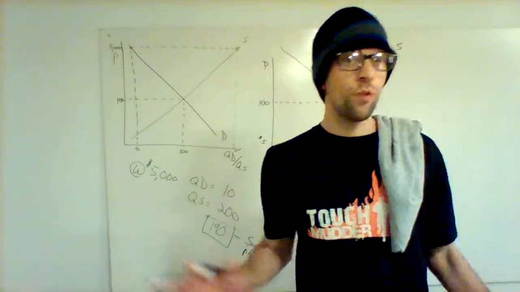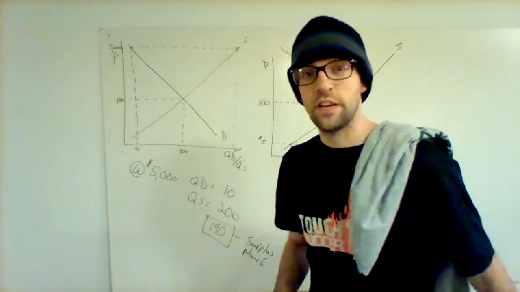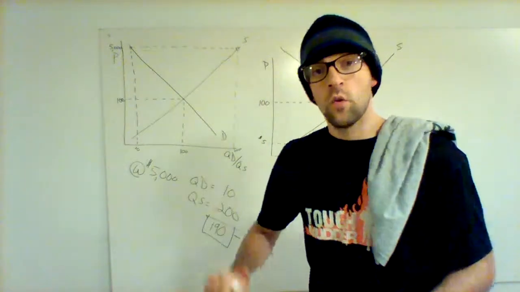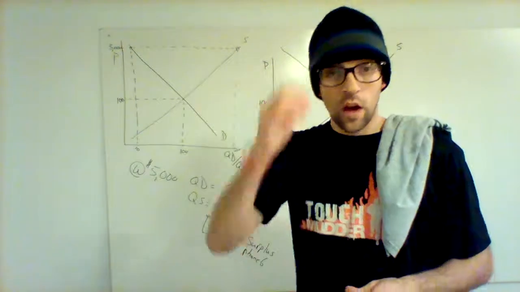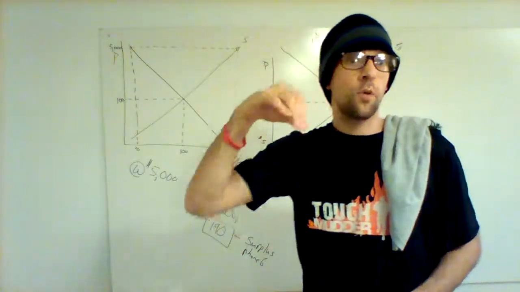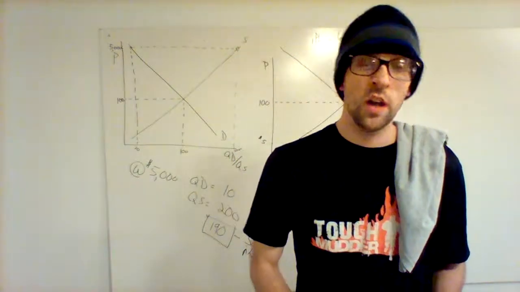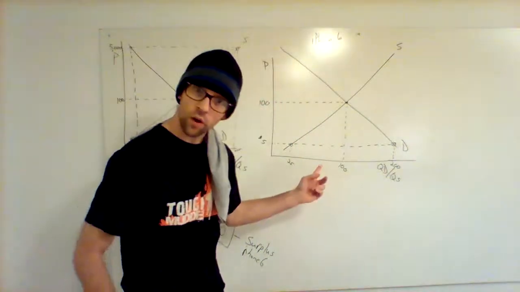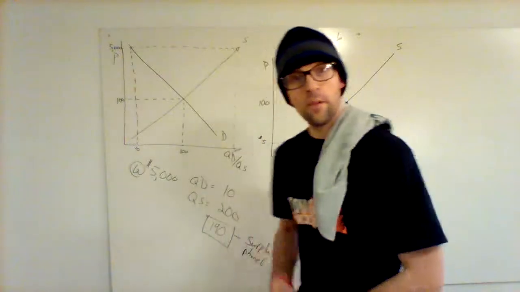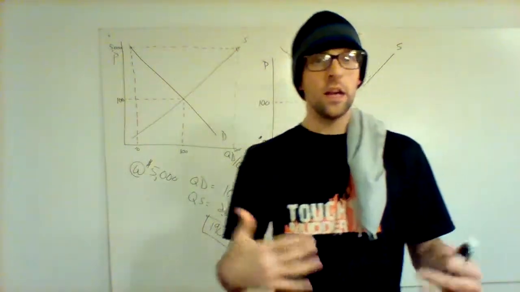Now, the reason I do all of this is to do the next video, where we actually see markets where the price is manipulated in such a way that the price is higher or lower than the equilibrium price. And when we have a price that is lower, we get a shortage. When we have the price that's too high, we get a surplus.